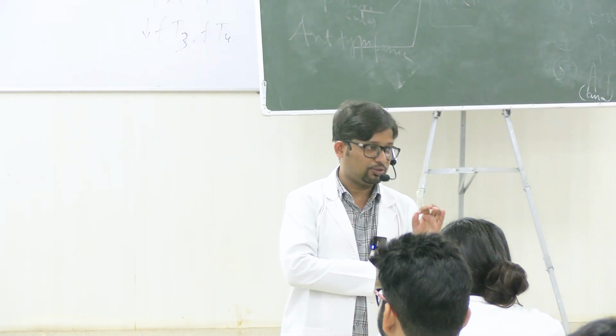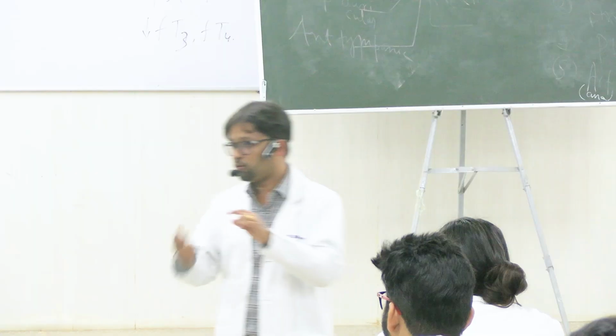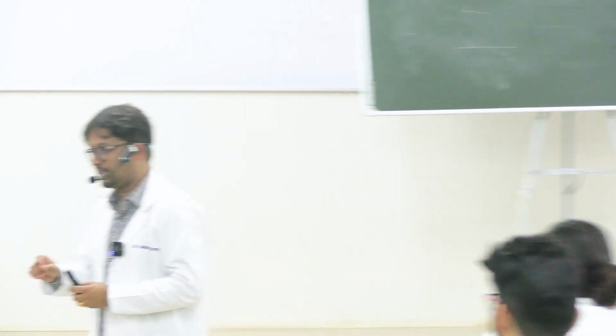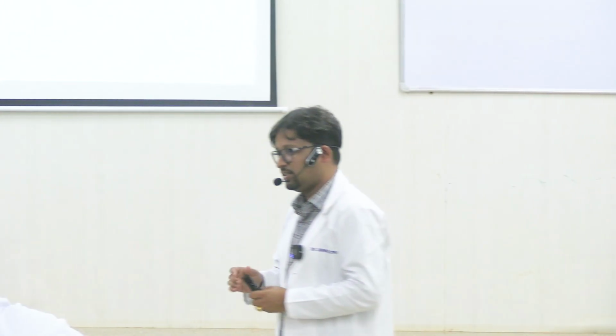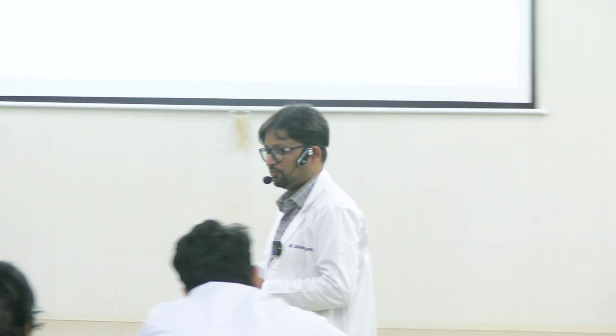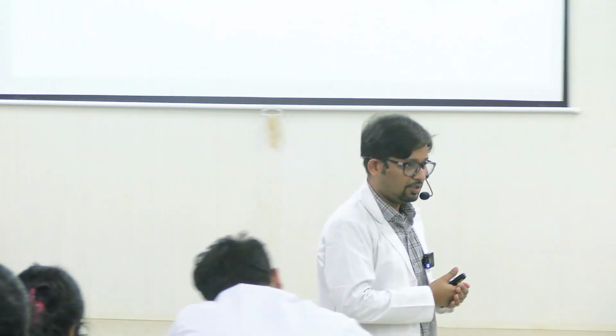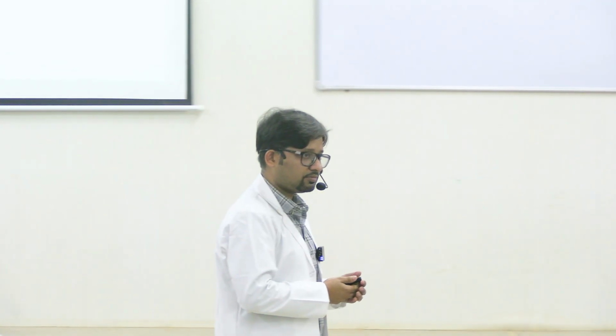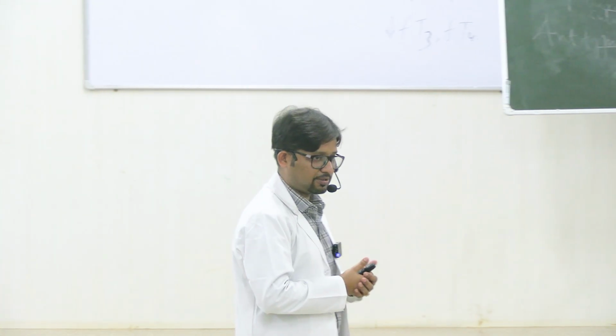Clinically, whenever you examine tone, you have to do passive movements in such a way that the muscle that you are going to test should be stretched, right? If you want to test the tone of biceps, for example, what will you do? You have to stretch biceps.